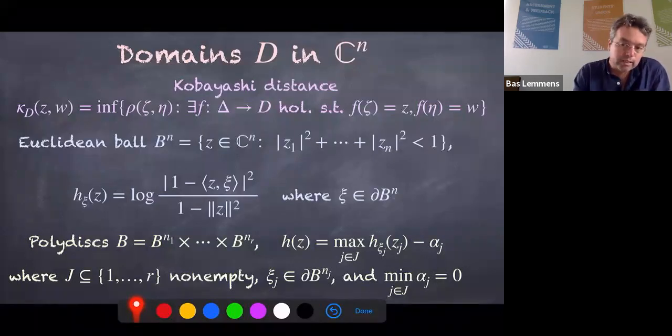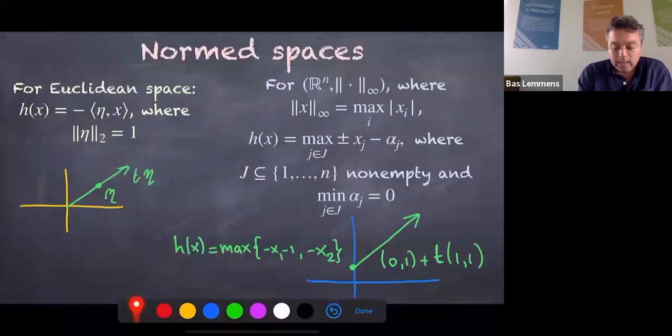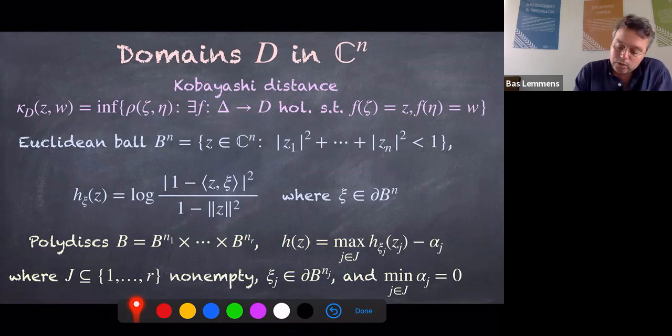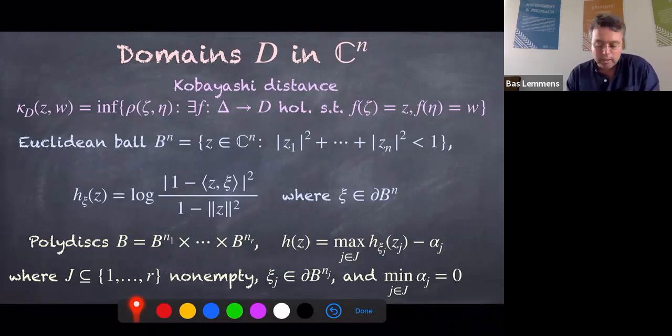If we take our domain to be the Euclidean ball, then these Horofunctions are given by this h_psi, the logarithm of this ratio, where psi is a point in the boundary. So at each point in the boundary of the ball, I have a unique Horofunction given here, and these are all. Now you can also do something more general, namely look at products of balls like this, so you get general polydisks.